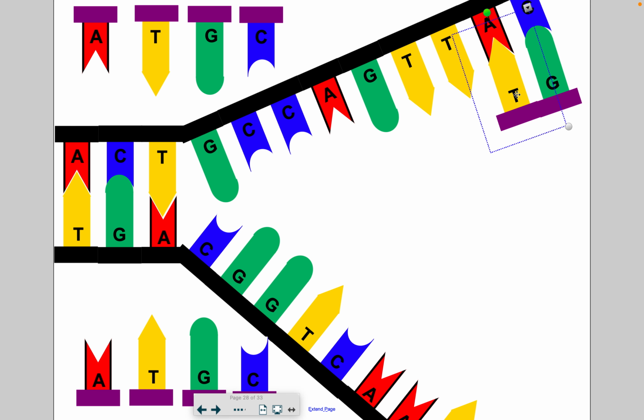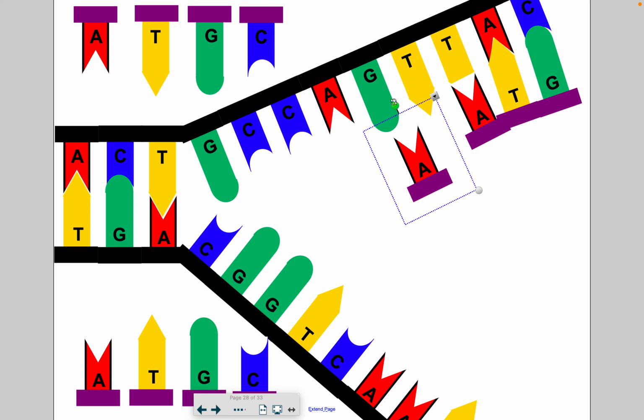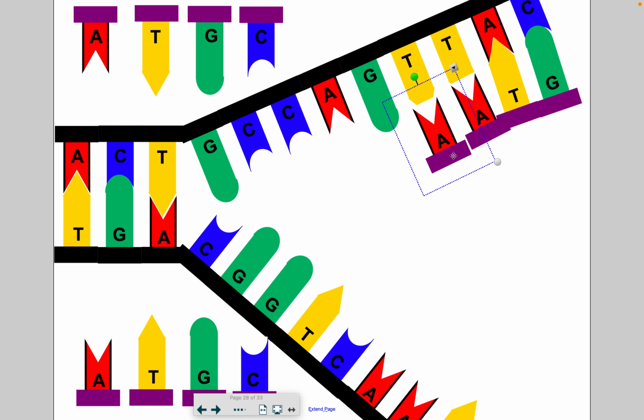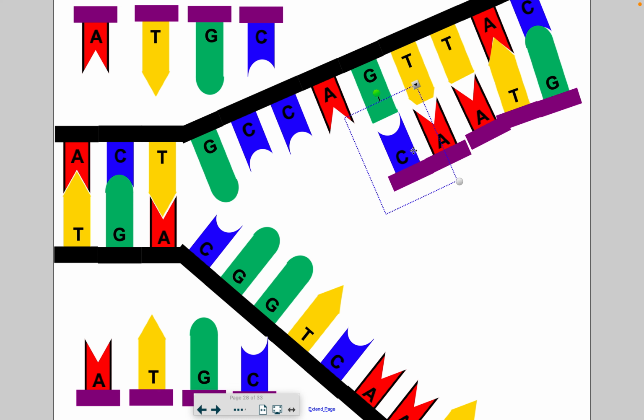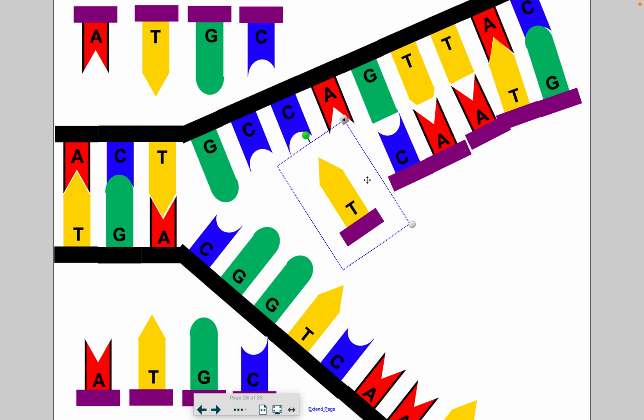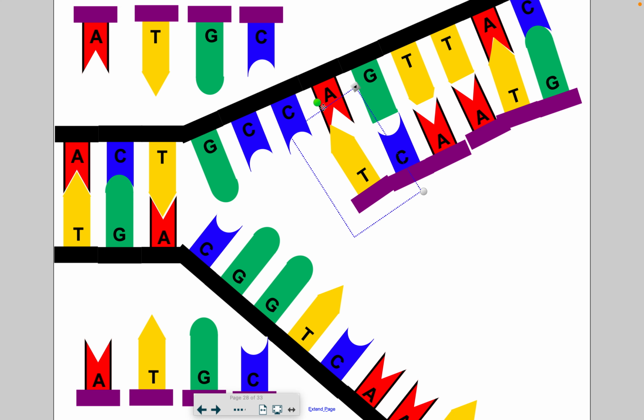So A pairs with T, A pairs with T, A pairs with T, G pairs with C, and T pairs with A.